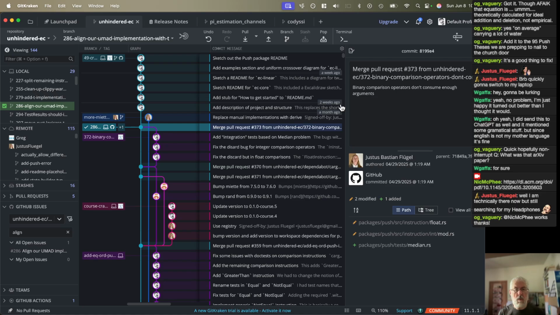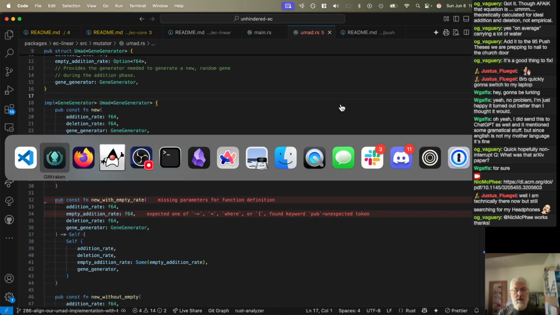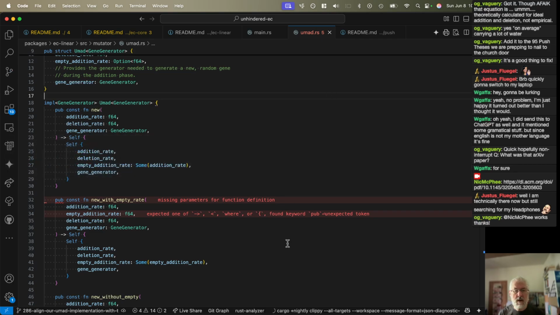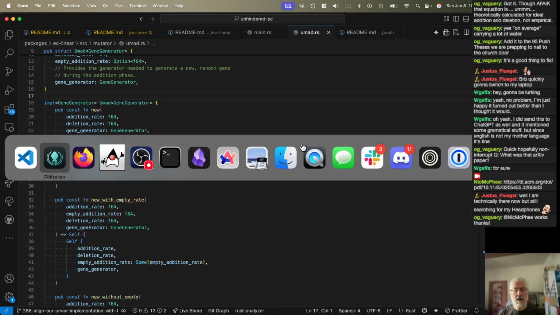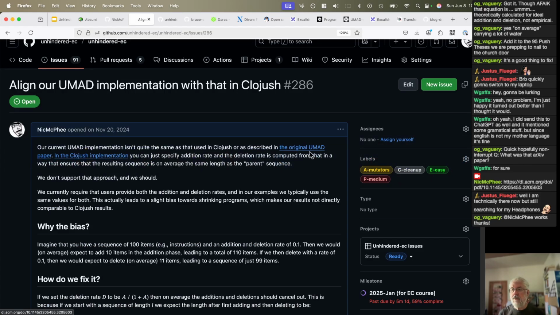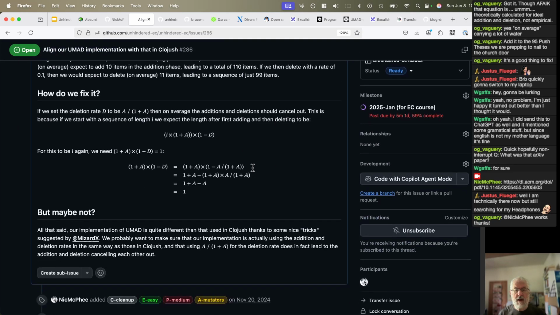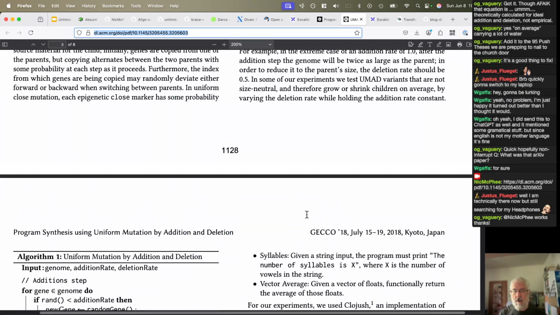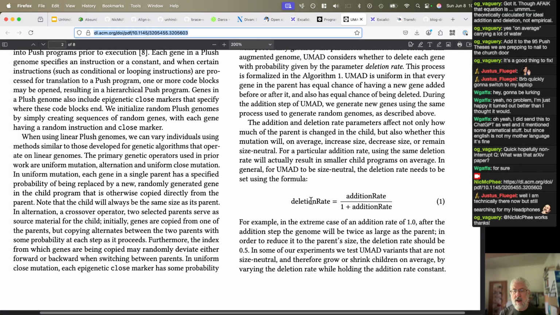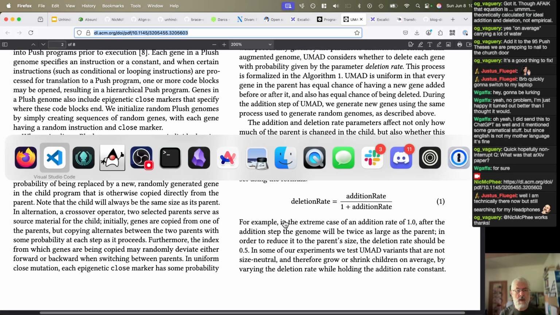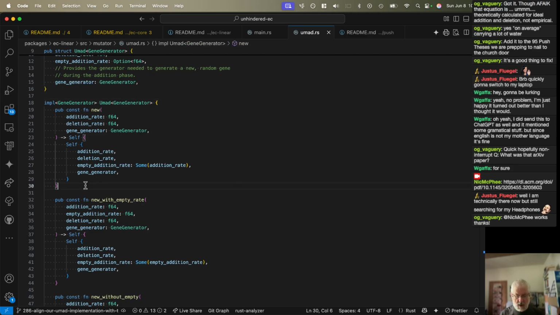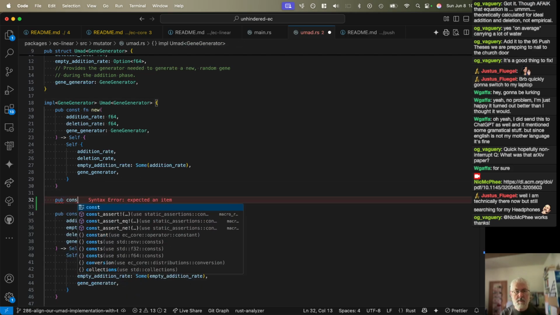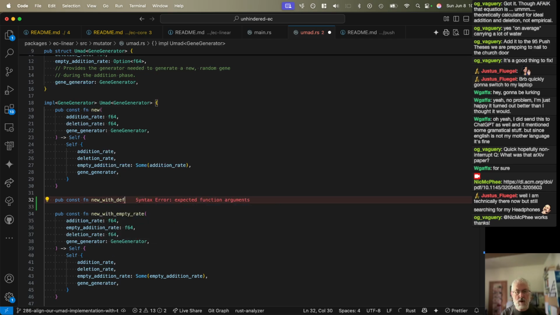Excellent. So the issue is we should have a, why is this red? There we go. Okay, it just needed to reset itself. The issue is we should have a, actually, probably easier to look at this. We should have a constructor for UMAD that sets this deletion rate to the default. Excuse me, I have the coughs at the moment. So we should have pub const fn new_with_default_deletion, and I should have some comments on that.